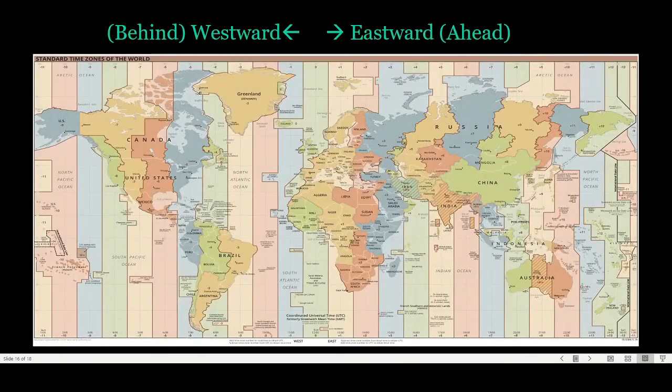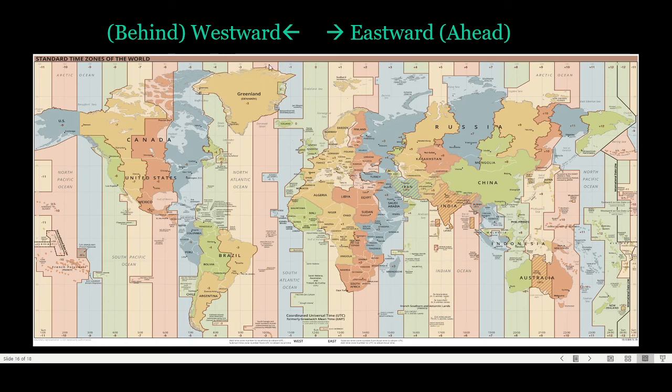So again, this is a time zone chart, and the starting point is at Greenwich, England, which is near London, and it starts at 0. Anything to the right of Greenwich, England is ahead in time, and it's eastward.